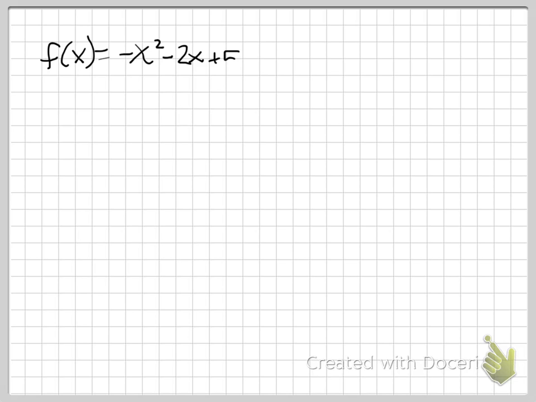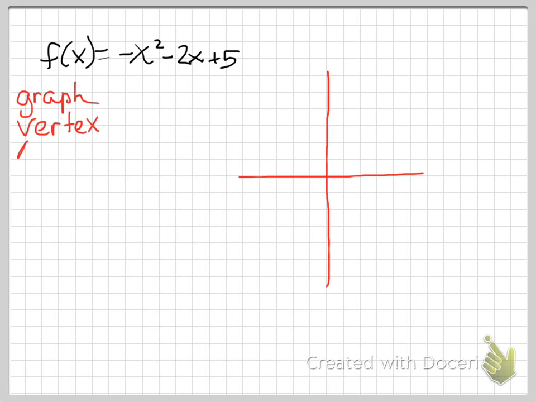So these are the things I'm going to ask you to do: graph it. I'll tell you all the things so you can pause it if you want to. Identify the vertex. Identify the axis of symmetry. State whether it's a minimum or maximum.